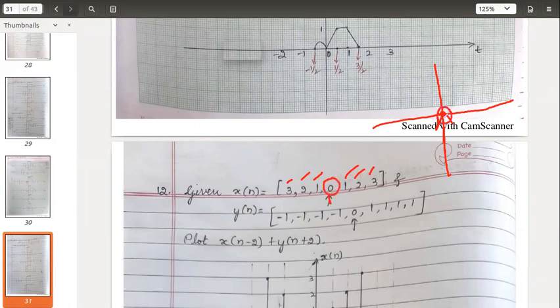Amplitude, you don't have amplitude here. And afterwards, 1, 2, 3 means what? At point 1, at point 2, at point 3, you have the amplitudes 1, 2, 3. Assume that. On the left hand side, -1 point, -2 point, -3.